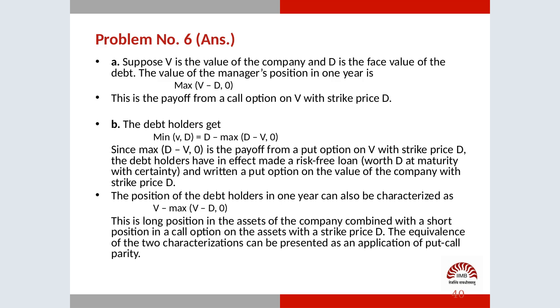So D minus D plus V. So you're getting the company, which is less than D in any case. It's nothing but a put option. Max of D minus V is a payoff from a put option on the value of the firm with a strike price of D. So debt holders in effect have made a risk-free loan worth D at maturity with certainty, and written a put option on the value of the company with a strike price D.